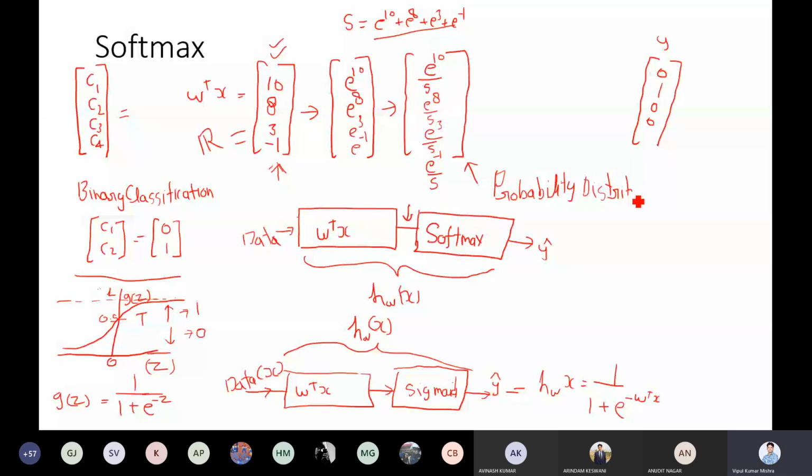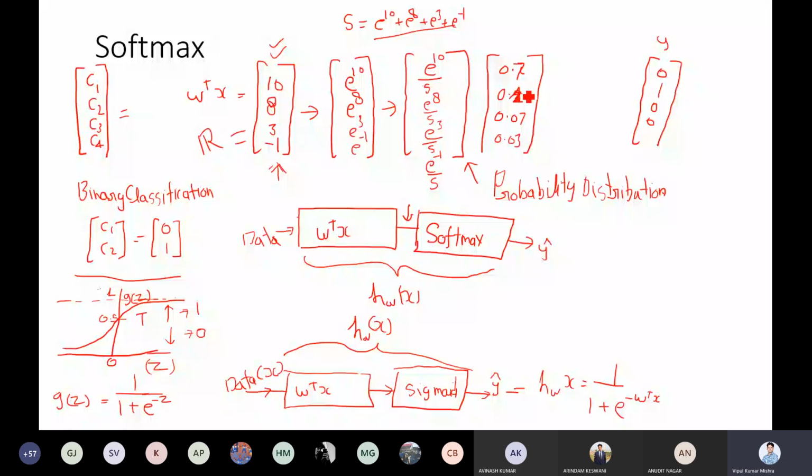It will be something like, say, 0.7, then 0.2, then 0.07, and 0.03. Once you sum all of them, you get a total probability.